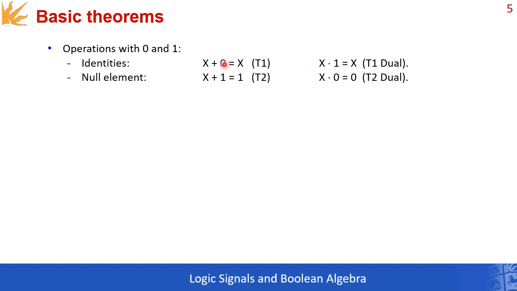So for identities, you're using 0 when it comes to logical OR, and then you're using 1 for the logical AND. And the other way around here for the null element: when it comes to the OR operation it is 1, but when it comes to the AND operation, it's 0.